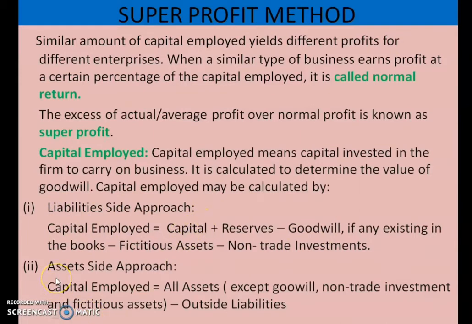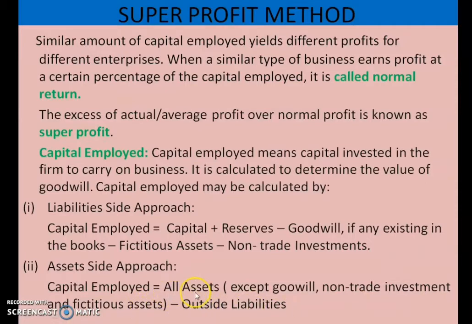And if you are following the asset side approach, the formula goes this way. Capital employed is equal to all the assets except goodwill, non-trade investment and fictitious asset, minus outside liability.